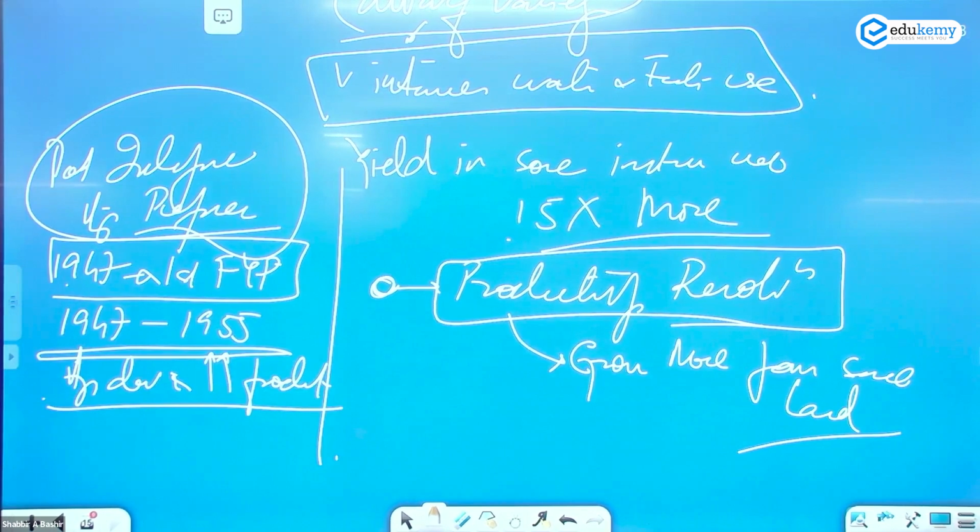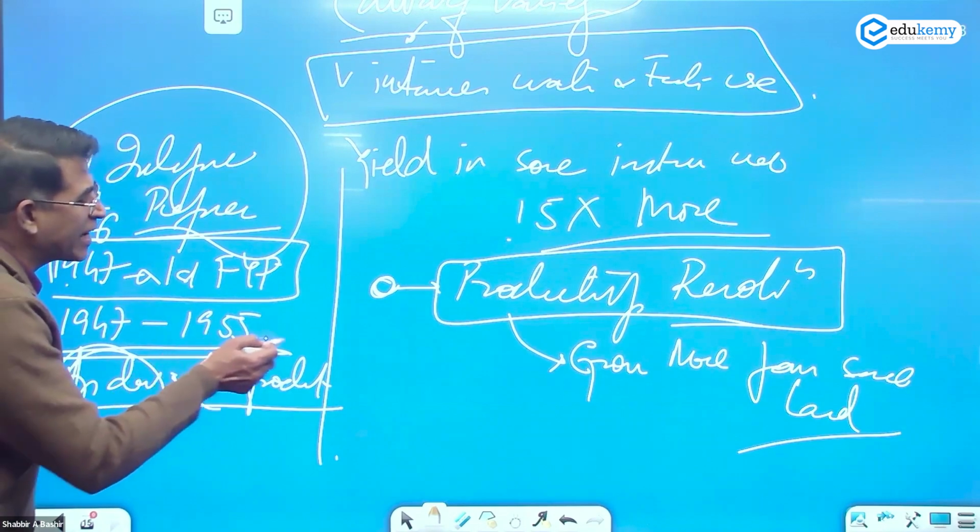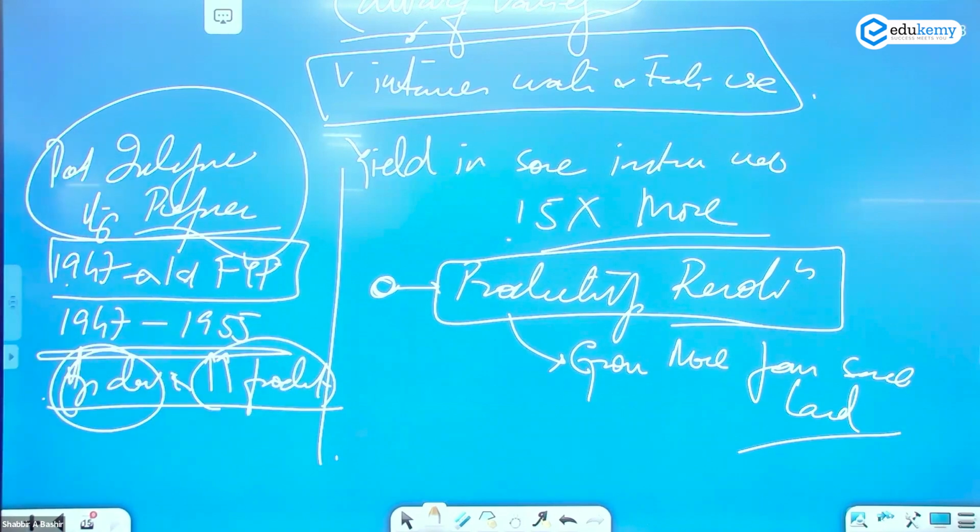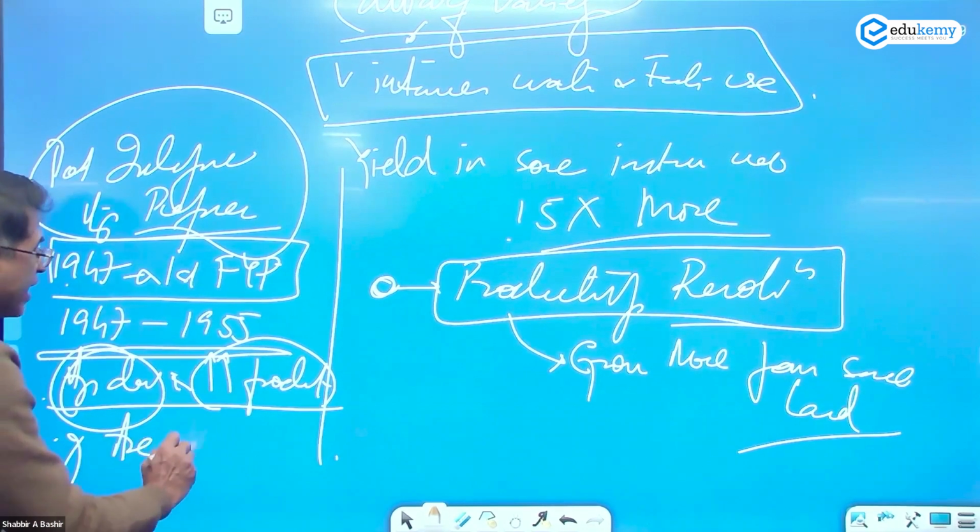Between 47-55, this was a phase of agriculture development. It was a phase of increased production because of area expansion.